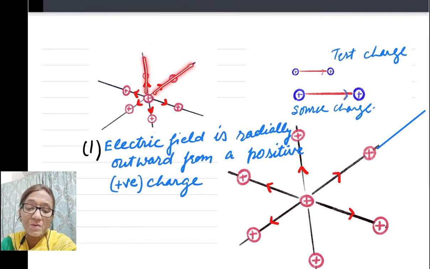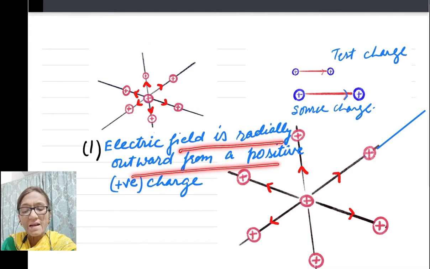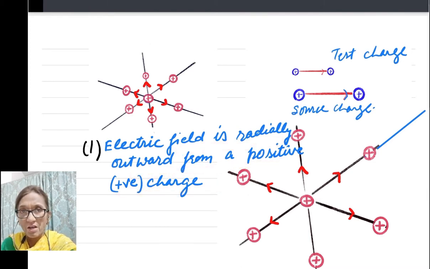So you have so many test charges which are positive, and they will be repelled by a source charge which is also positive. This radially outward direction from the source charge gives the direction of electric field due to this positive source charge. So electric field is radially outward due to a positive charge.